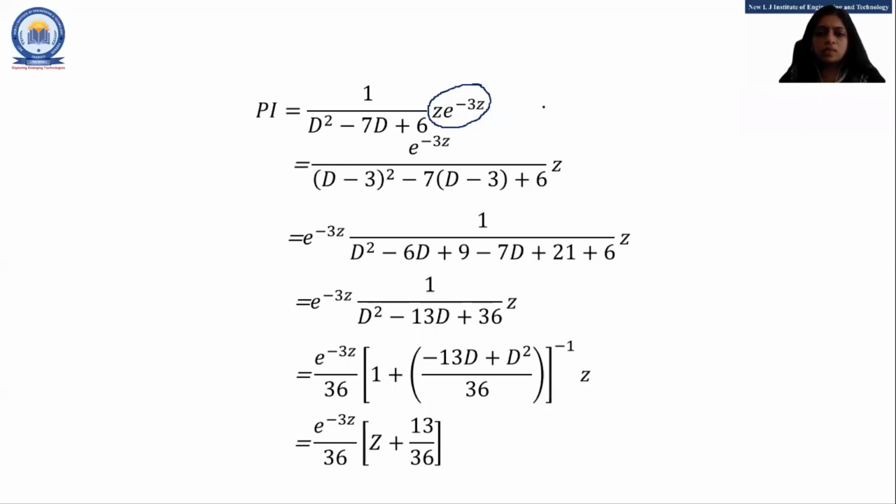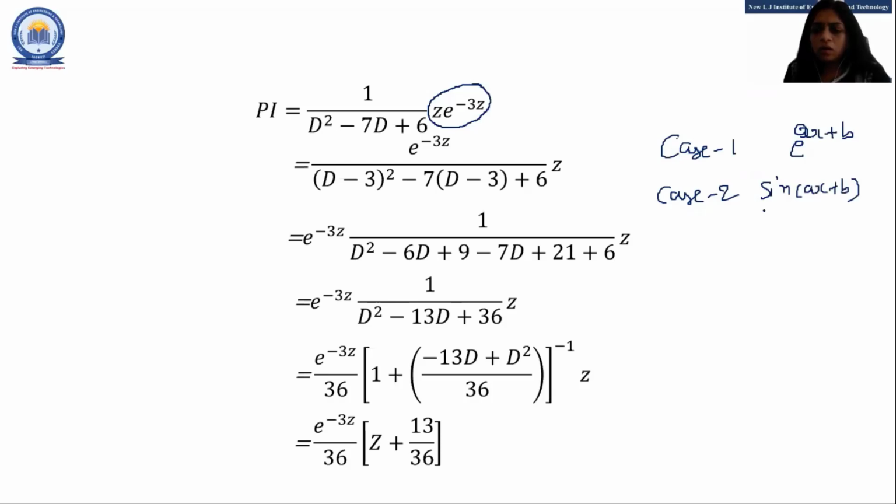Some students are giving the right answer, but 1 to 2 students have given the wrong answer. See students, I'm just reminding you, case 1, that is exponential term, e raised to ax plus b. Case 2, that is sine ax plus b or cos ax plus b, right?